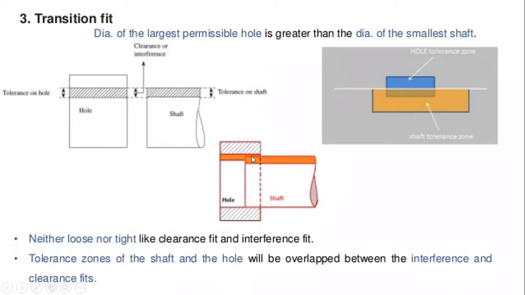Here, it is neither loose nor tight, like clearance fit and interference fit. Depending on the tolerance, it may be loose or tight. Tolerance zones of the shaft and the hole overlap between the interference and clearance fit, which is the intermediate of clearance and interference fit. This is called a transition fit.